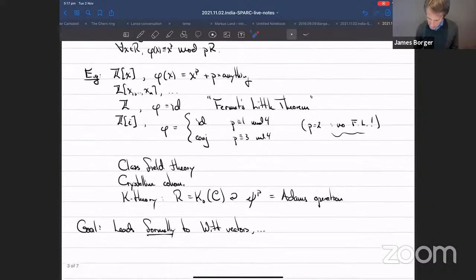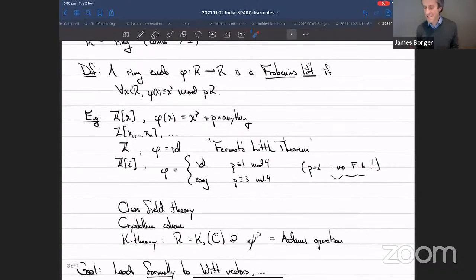So what I'm going to do is give you a development of the theory that, at least in my opinion, makes everything seem inevitable. The only ingredient that is arbitrary is the concept of a lift of the Frobenius map, which I hope you'll agree is actually a very natural concept. To me, it makes the whole development of the theory of Witt vectors seem very natural.